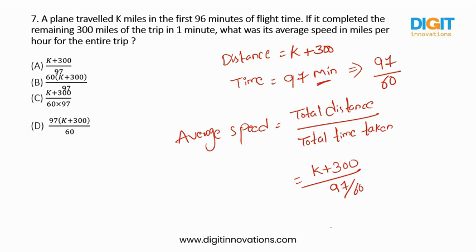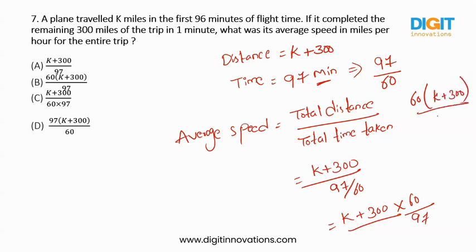So when I take this value to this side, k plus 300 times 60 by 97. So you can write it as 60 into k plus 300 by 97. So it is the second one. So option B is the answer.